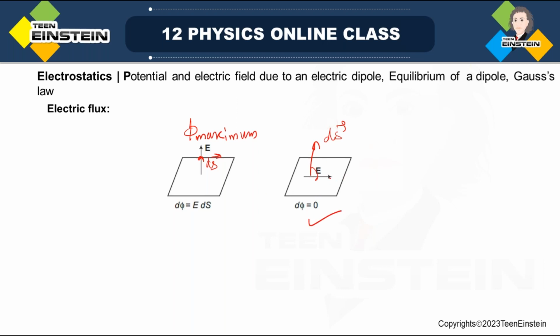So this is called tangential, and this is normal to the surface. When the electric field is tangential to the surface, flux will be 0. When the electric field is perpendicular to the surface, then flux will be maximum.